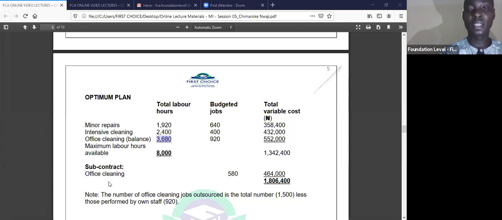You now did 2,400. If you close the bracket, you would have done 4,320. When you minus 4,320 from 8,000, what you are getting is 3,680.